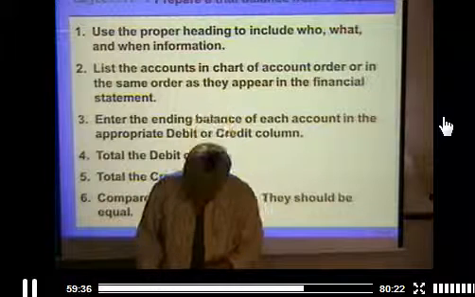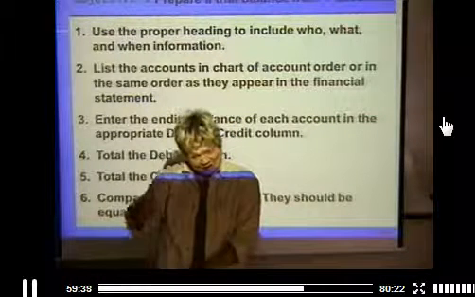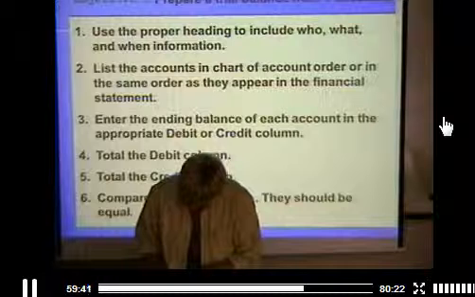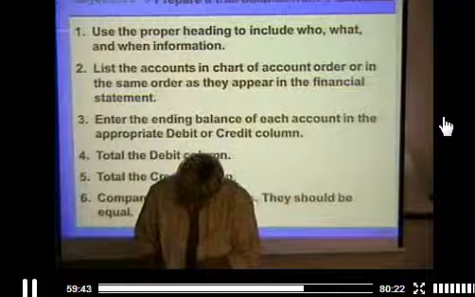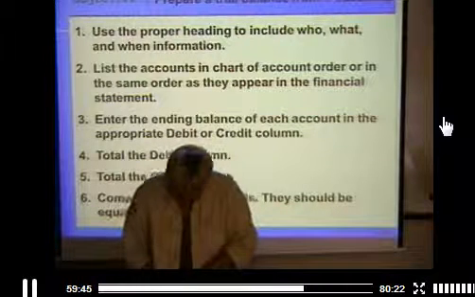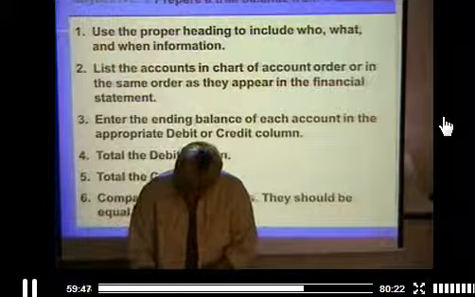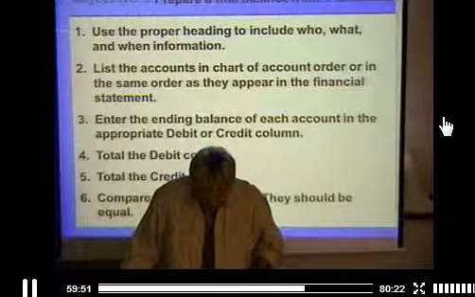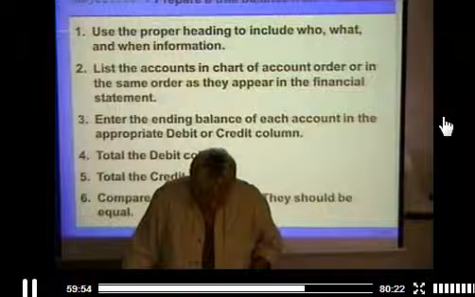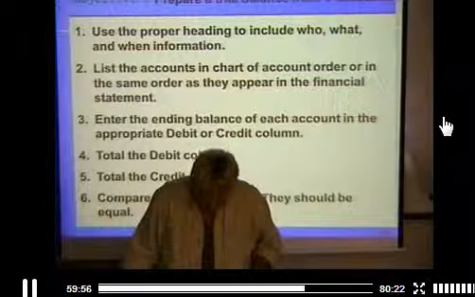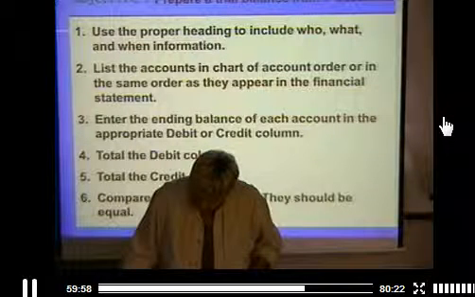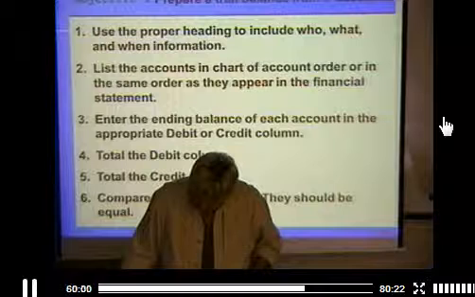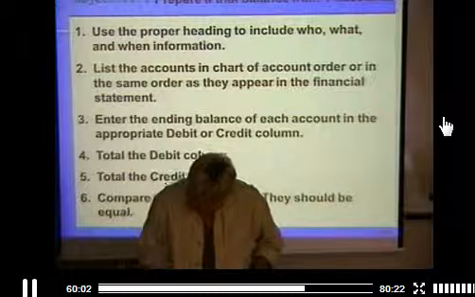Okay, T account. If it says each transaction, I'm not doing it. We're going to do all transactions. I'm going to be sure it doesn't ask you to do the trial balance.